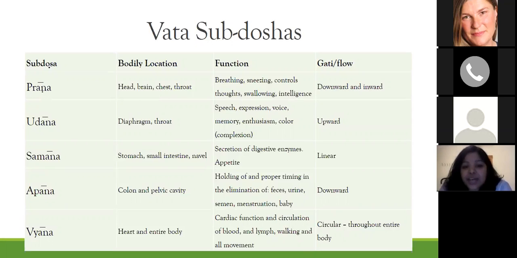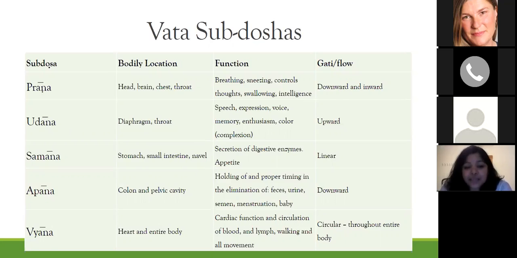By looking at these 5 subdoshas of Vata. The 5 subdoshas of Vata are Prana, Udana, Samana, Apana, and Vyana. Okay? So Prana is the first subdosha of Vata. It is the most important of the subdoshas of Vata.